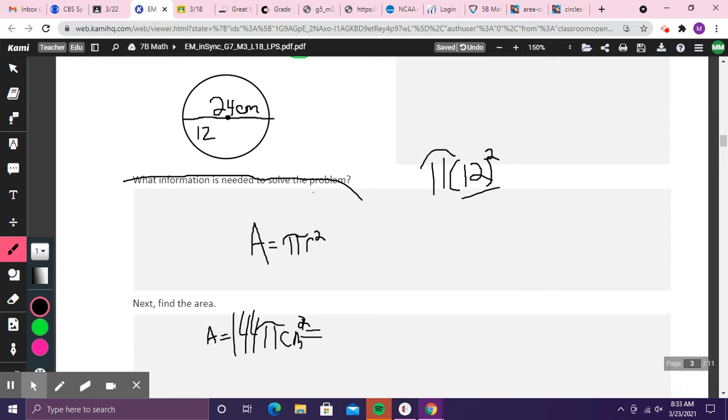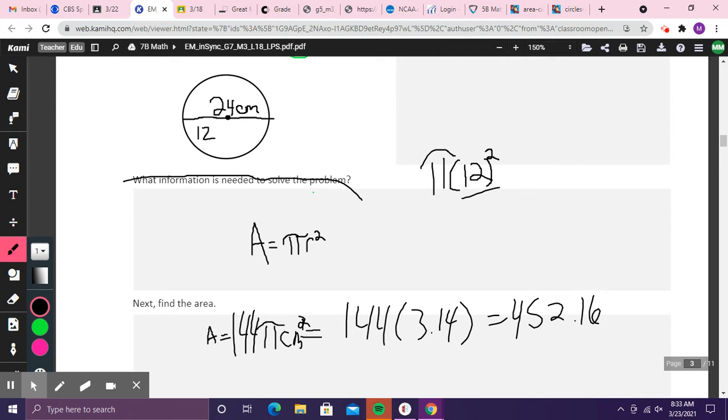And if they say answer in terms of pi, then do that. If they say answer using 3.14 for pi, the answer would be what? 144 times 3.14, which is 452 point what? 16 centimeters squared, right?